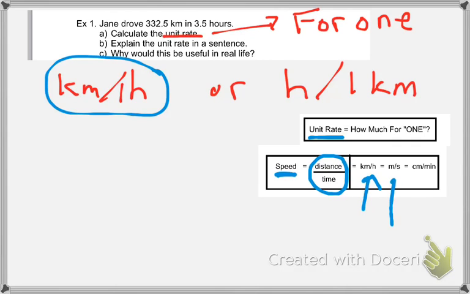If you're talking meters per second, that could be running pretty fast. It could be walking if you're talking meters per hour. That could be another speed. Centimeters per minute, that would be how fast a snail is traveling. So speed is always distance over time.